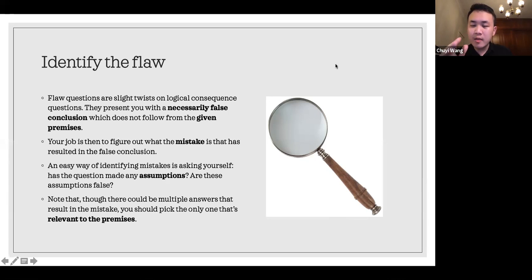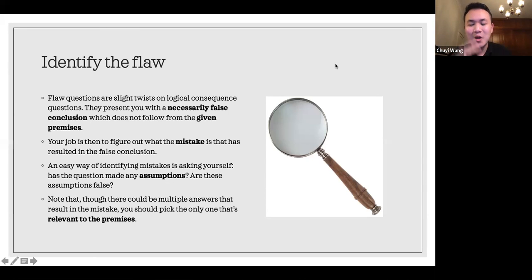Now, similar to strengthen or weaken questions, there might be multiple answers which have some small, tiny mistake. But just like we said for strengthen and weaken questions, you can't add extra stuff that's not there. Don't add extra premises by yourself and start creating a whole short story in your head about how drivers are going to get angry and then drive really badly.